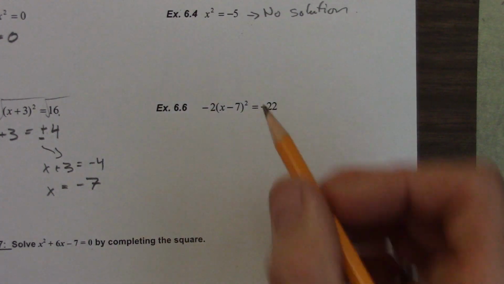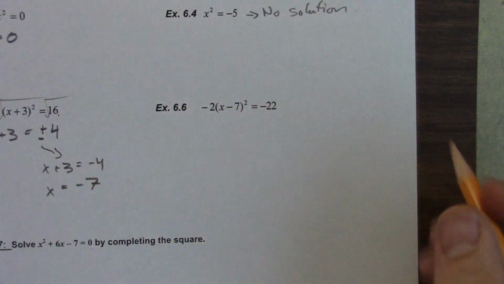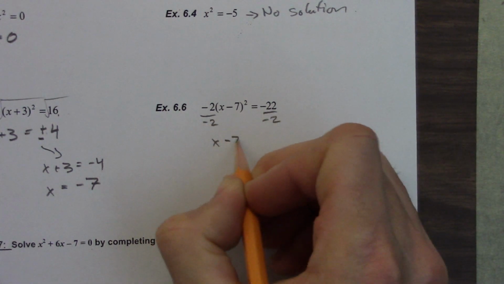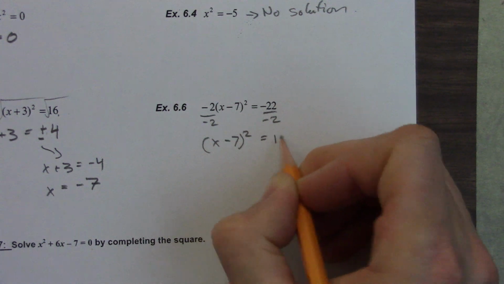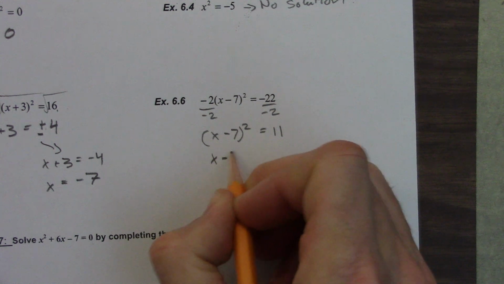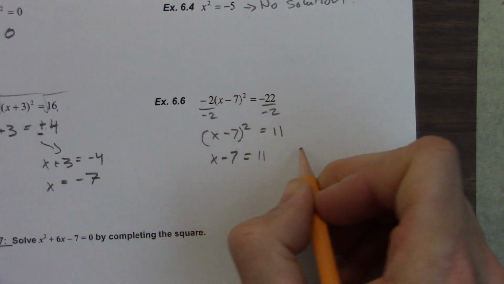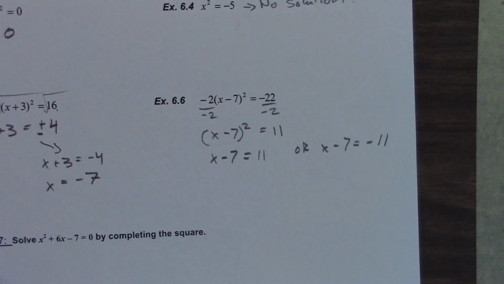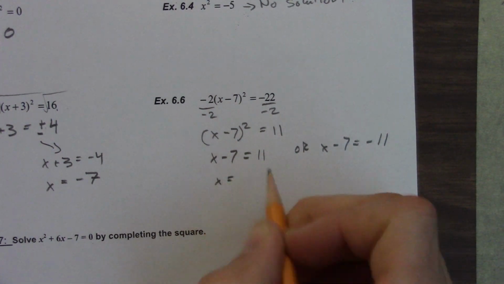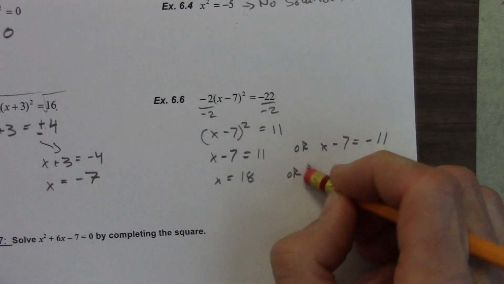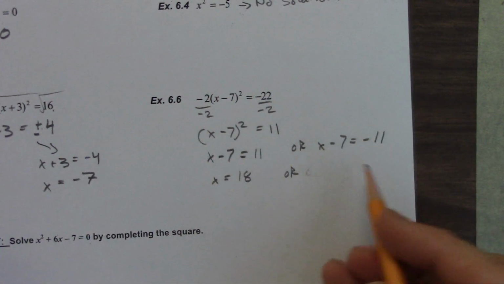Okay? Next, we have this term here, so we're going to divide both sides by negative 2. We get x minus 7 squared is equal to positive 11. Okay, now we know x minus 7 is equal to 11, or x minus 7 is equal to negative 11. So x is equal to 18, or, sorry.